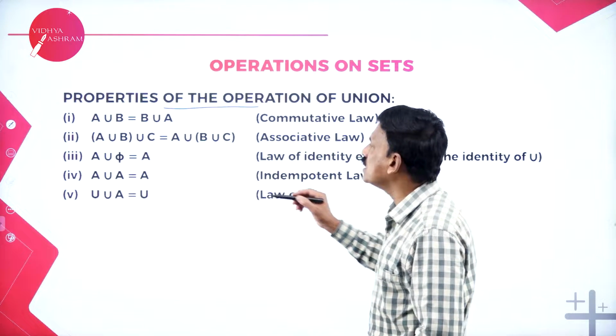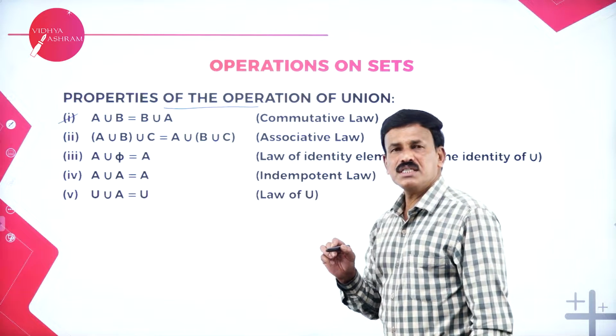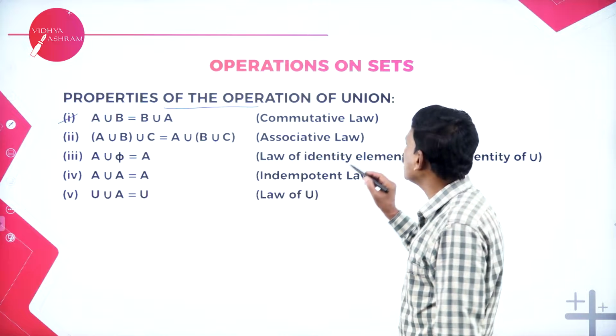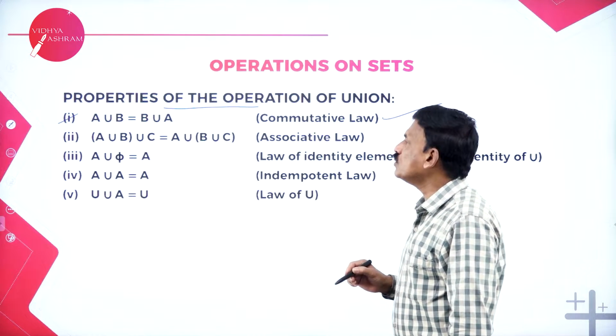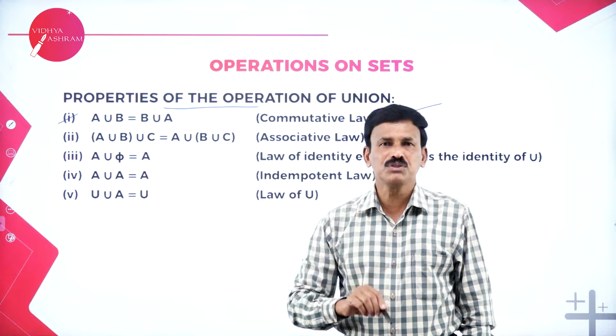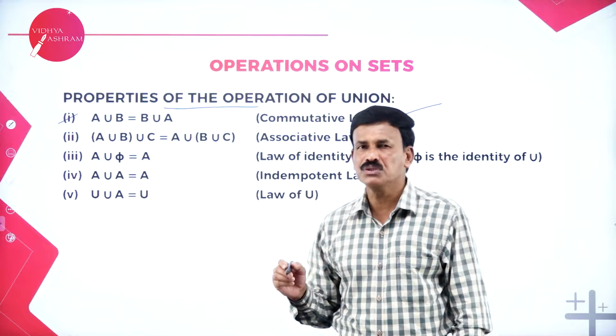What are the properties? A union B is always equal to B union A. That is, A union B is equal to B union A means it is nothing but a commutative law. So, commutative law is satisfied. So, union of two sets are commutative. A union B is also equal to B union A. Therefore, it is commutative.